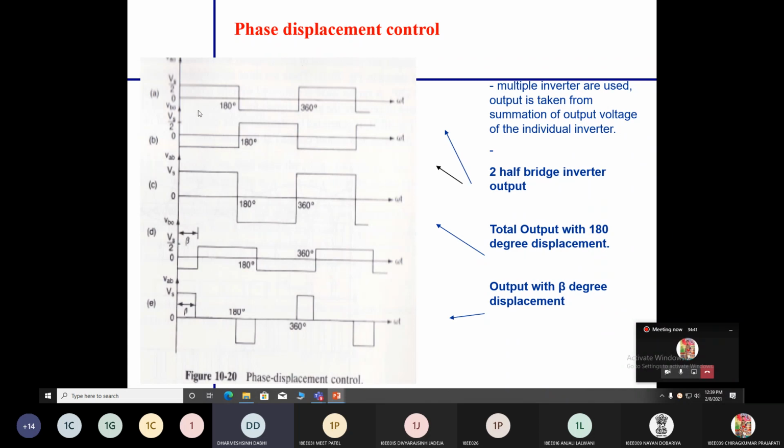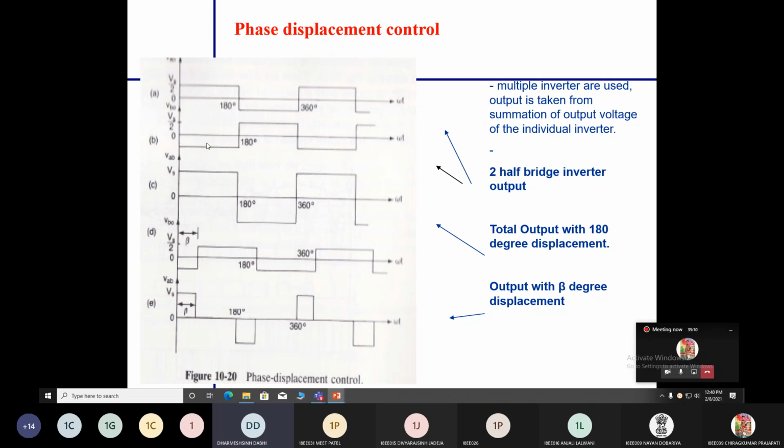After combining the output voltages of both inverters, at the load side you get the resultant output voltage. The first inverter output voltage Vs by 2 minus the output voltage of the second inverter gives the total output voltage. Here in this case it is Vs in the first half cycle, and in the second half cycle you get minus Vs. So this output voltage is for 180 degree phase displacement.